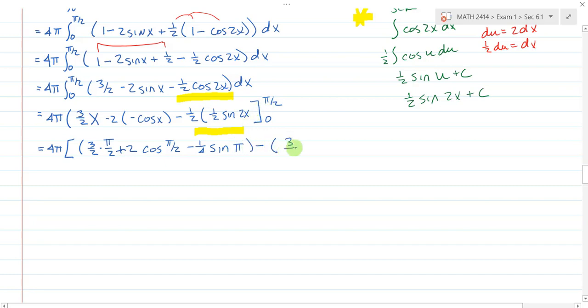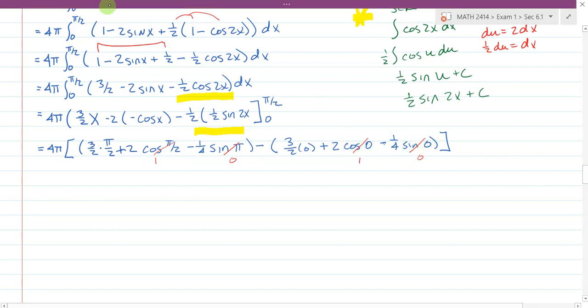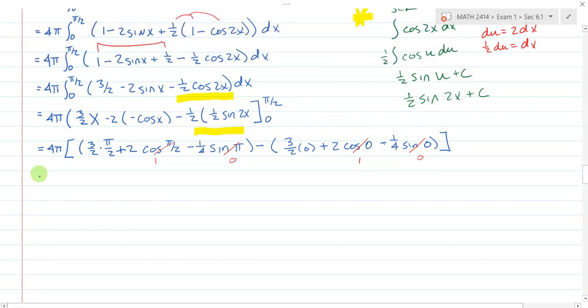Minus, plug in our lower bound, that's 3/2 times 0 plus 2 cosine 0 minus 1/4 sine 0. Now we evaluate the trig functions. Cosine pi over 2 is 1, sine pi is 0, cosine 0 is 1, and sine 0 is 0. So that'll help us clean up the arithmetic.